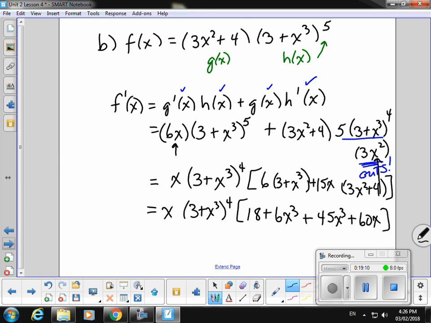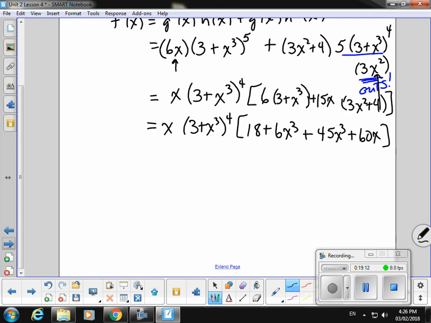With my luck, I've made a boo-boo, and I'll have to backtrack. Equals x, 3 plus x cubed to the 4th, I have 51x cubed plus 60x plus 18.